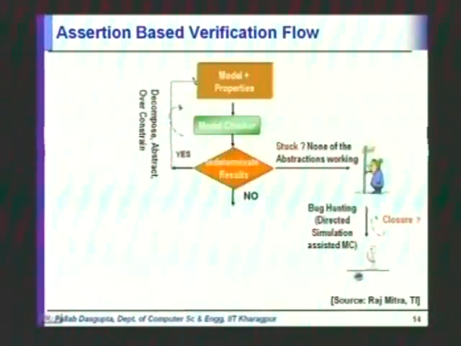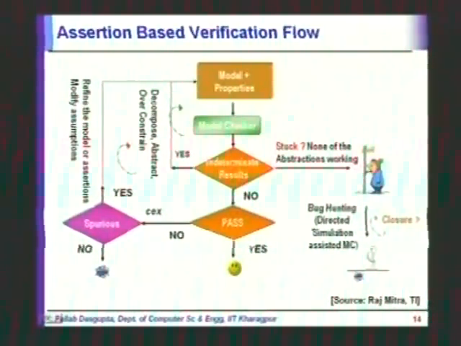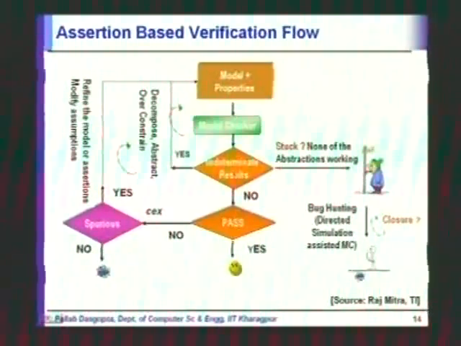I will skip this slide because this is going to come later on. This talks about the way in which the formal tool is used today. So you start with the model plus the properties, you run it through a model checker, and then you typically end up with indeterminate results, which means that you can't infer whether the property holds.